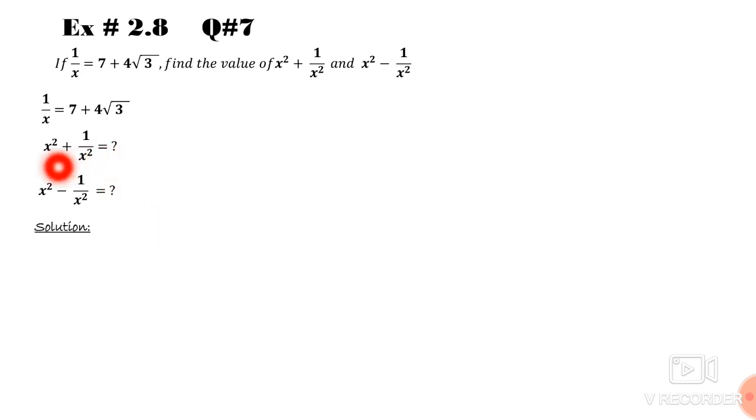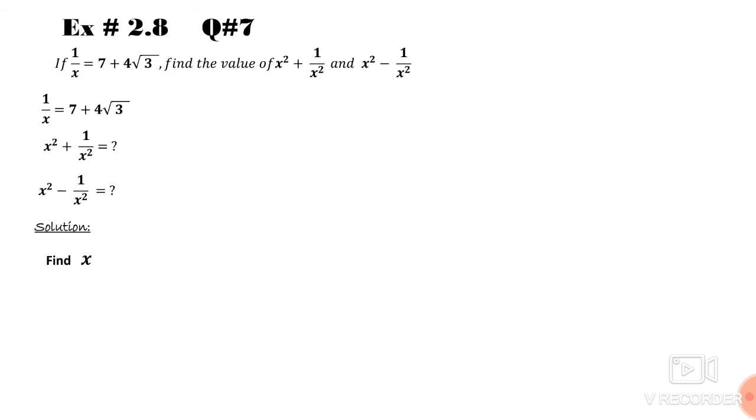To find x square plus 1 upon x square, we have to find either x minus 1 upon x or x plus 1 upon x first. And to find x square minus 1 upon x square, we have to find both x plus 1 upon x and x minus 1 upon x. So it means we will find x first.